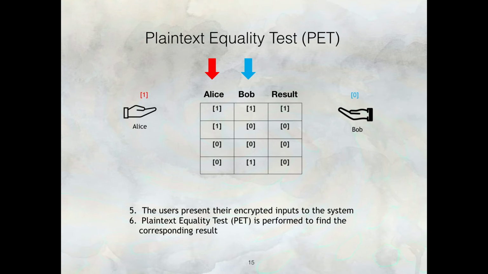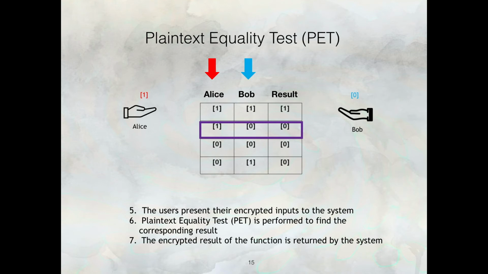As I told you, in this table, we just list every possible outcome of the computation. So just one by one, it would be compared. And in the end, the encrypted result, which would be 0 in this case, on the second row, would be returned to the system.